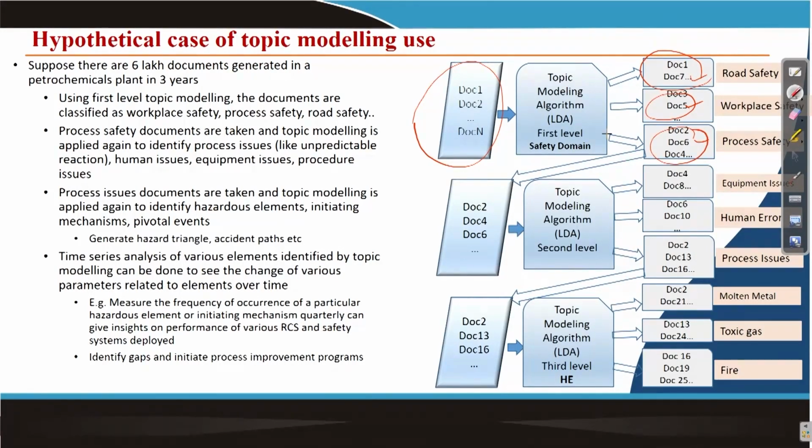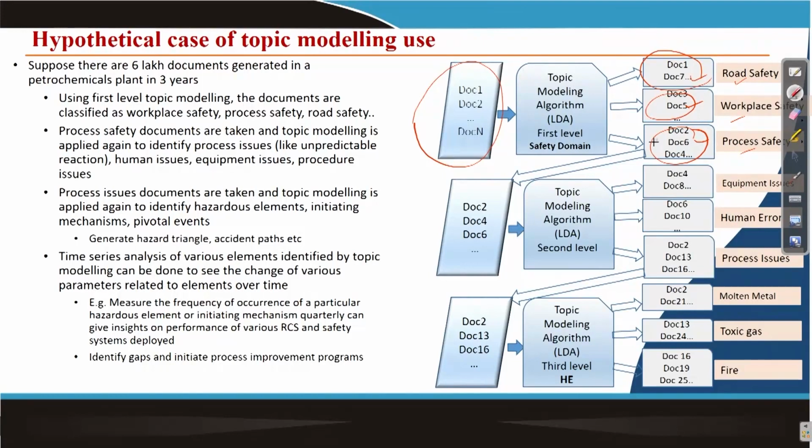Topic modeling, the way we discussed it, is similar to cluster analysis, because we don't know the topics beforehand. Suppose this is topic 1, topic 2, topic 3 at the top level, and going through the documents, you will be able to understand that some are from road safety, workplace safety, maybe process safety.